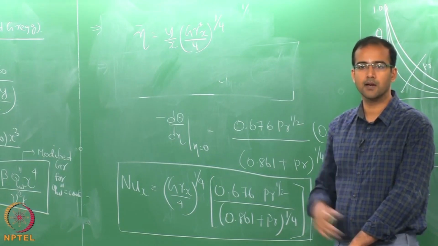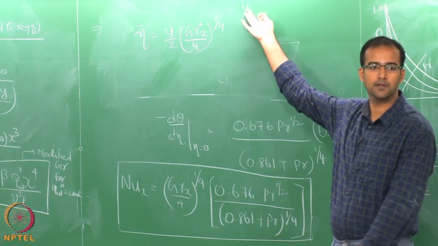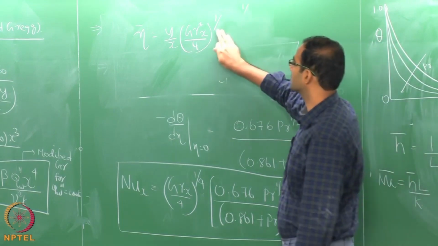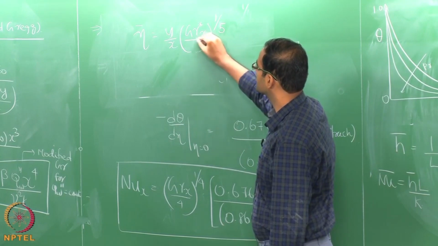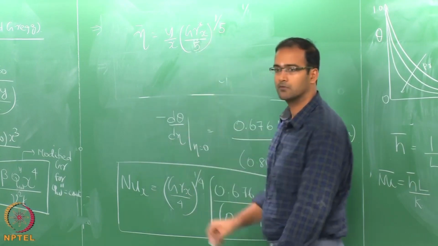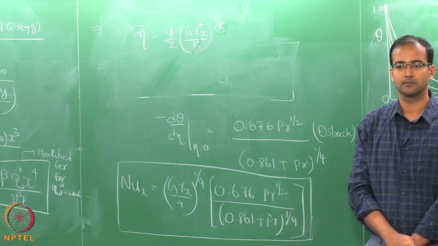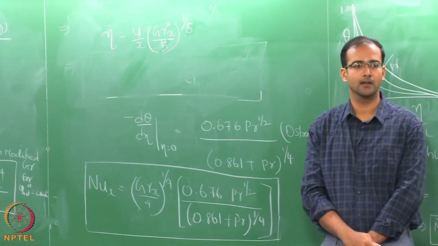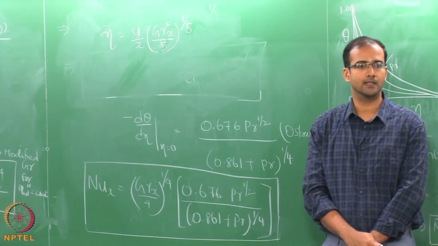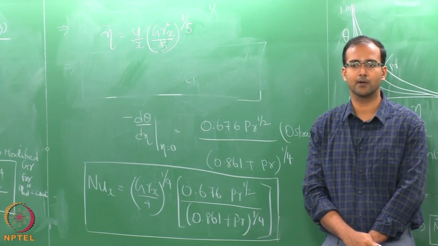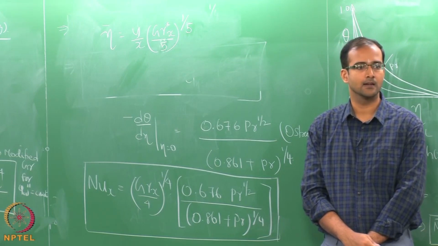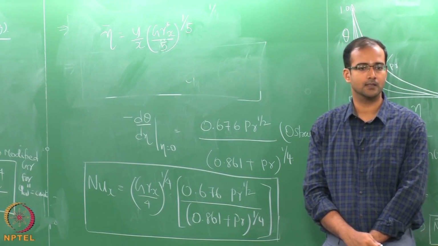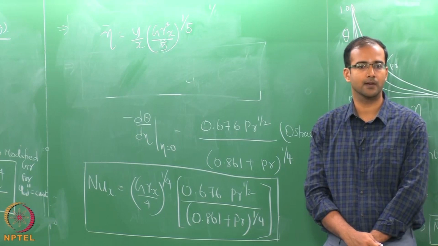Therefore, you have to modify the definition of similarity variable for this case. How Sparrow and Gregg did it was just changing the 4 to 5. Now the functional dependence of eta on x and y is retained. Is that clear? If you use the default similarity variable, you cannot find a similarity variable for this.